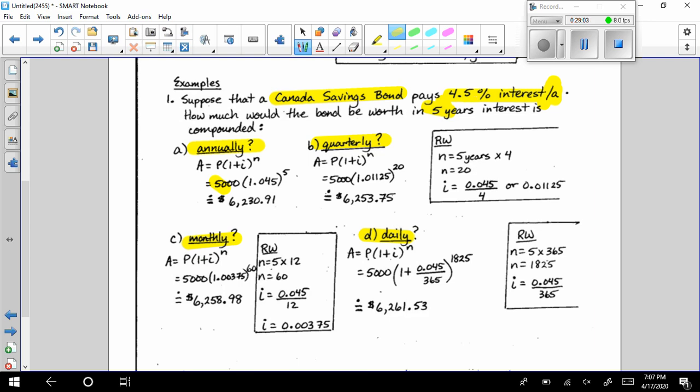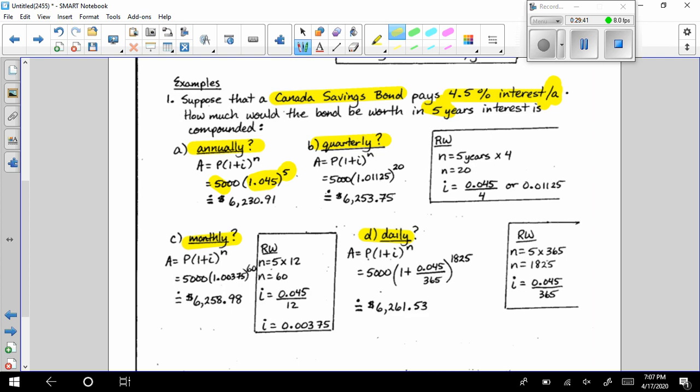The 4.5% interest rate changes to 0.045, but the set of brackets has 1 plus i in it, so I put a 1 in front of that. And the specified length of time is 5 years. So that's my exponent. I punch that into my calculator. It comes out to approximately $6,230.91. It's pretty good. You start with $5,000. After 5 years, you end up with $6,230.91.